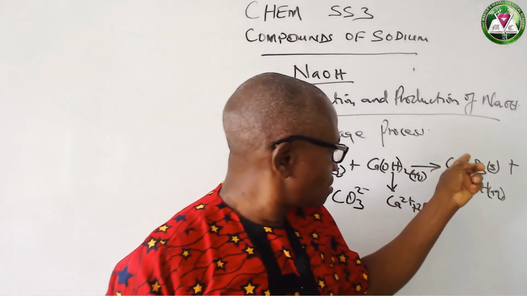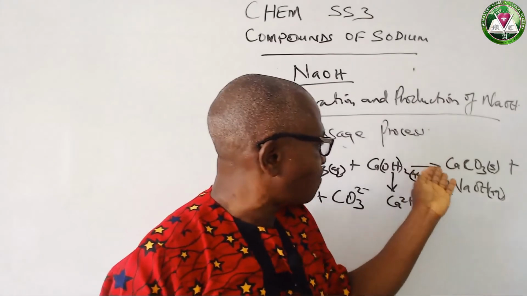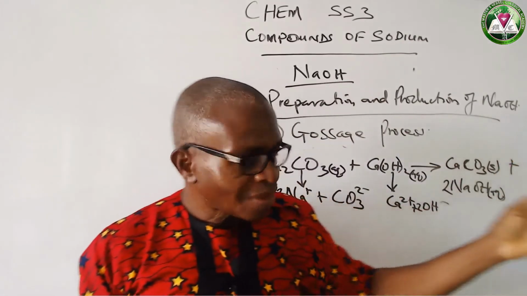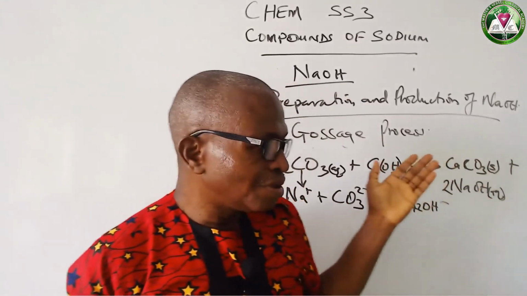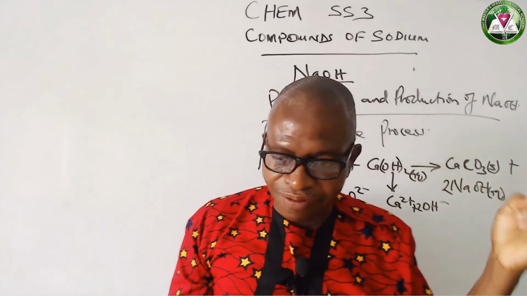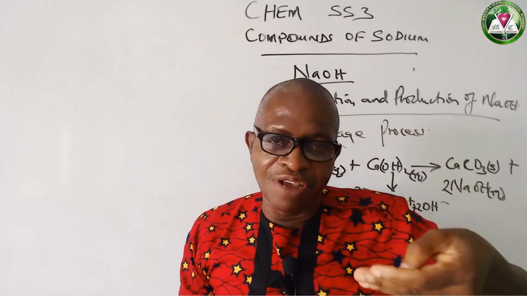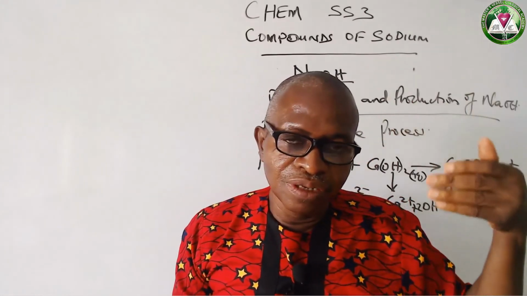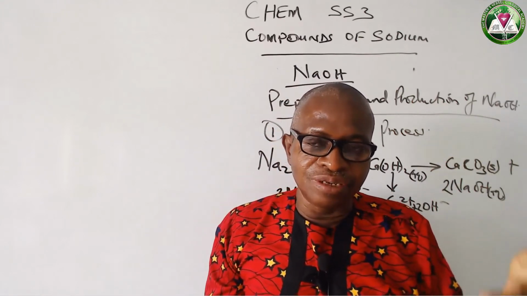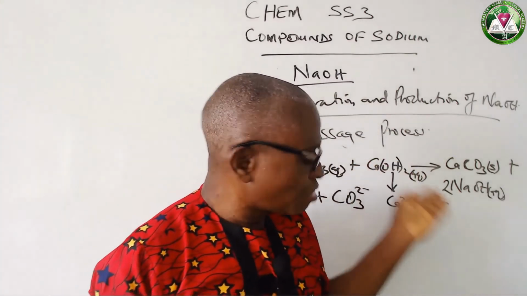Since calcium trioxocarbonate(IV) is a precipitate, it means that you can filter it out. After filtering it out, the filtrate contains sodium hydroxide. That filtrate that contains sodium hydroxide, you can concentrate it by evaporating the excess water, and then after concentration, you will do crystallization to obtain your sodium hydroxide.